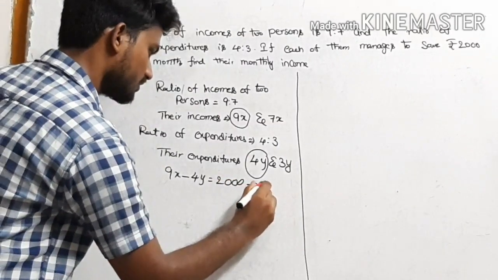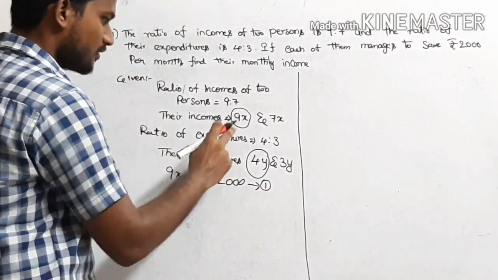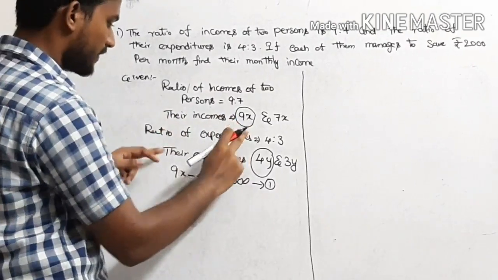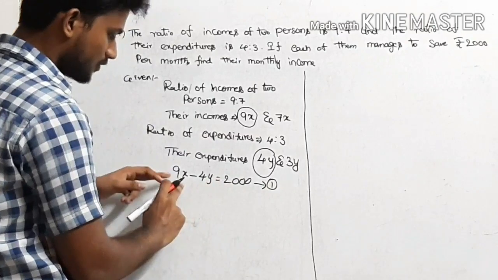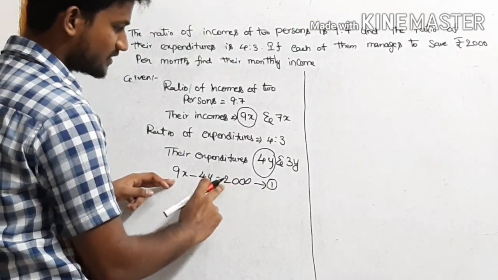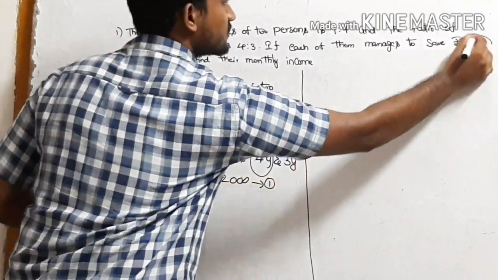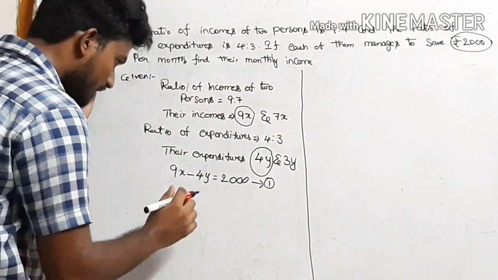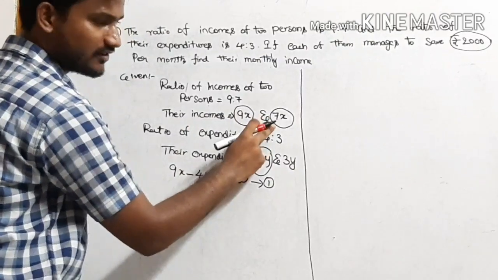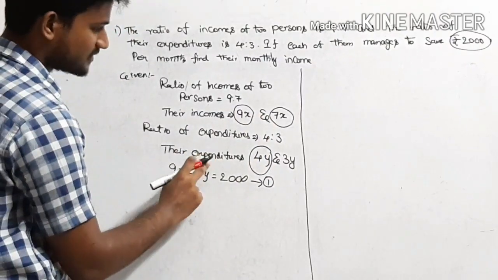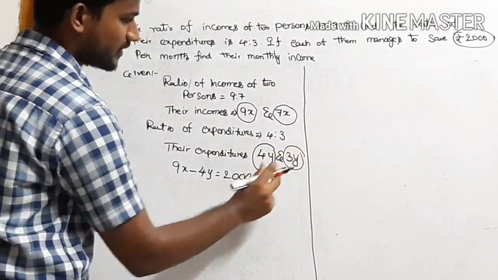This is the first equation. First person's income minus expenditure equals their savings, rupees 2000.